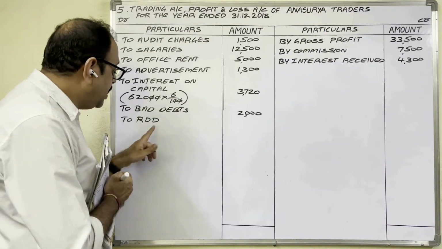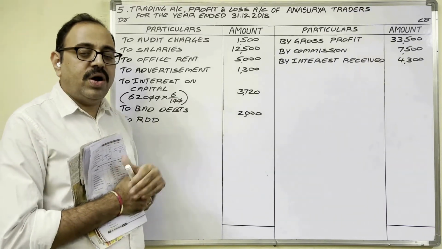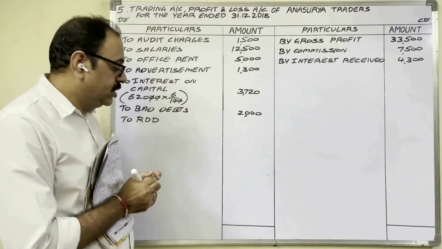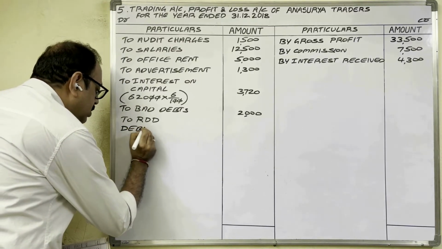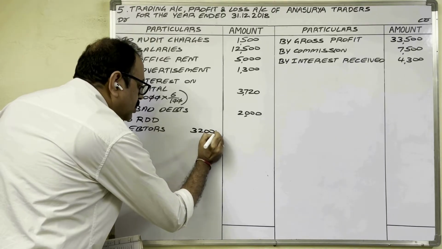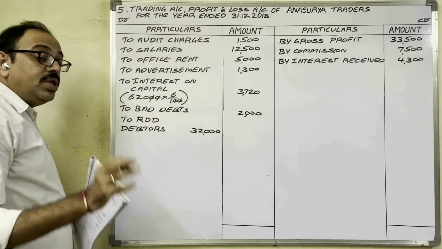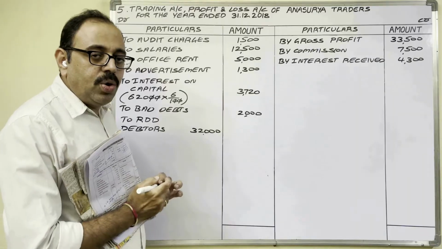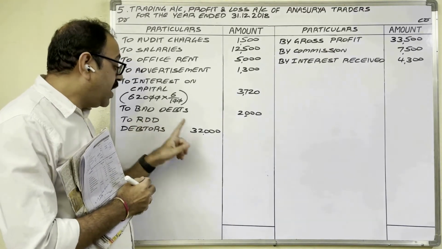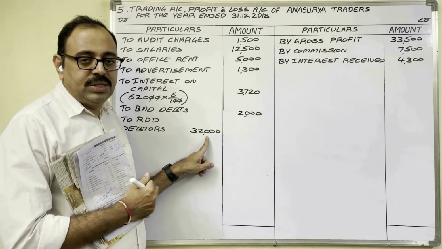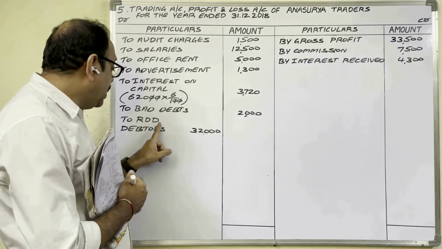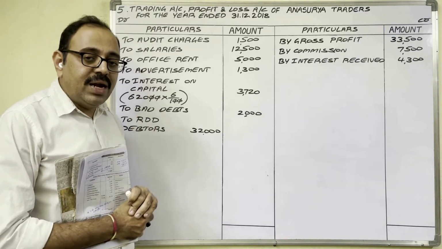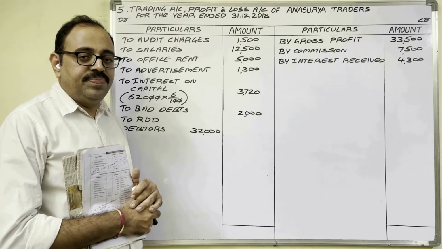So RDD is related to the debtors. On debtors you have to calculate this amount. So in the inner column show the calculation. Debtors. The amount is available in the trial balance: 32,000. Now the important point is don't calculate this 5% directly on 32,000 rupees. Because at the time of calculating RDD, our debtor value is not 32,000.